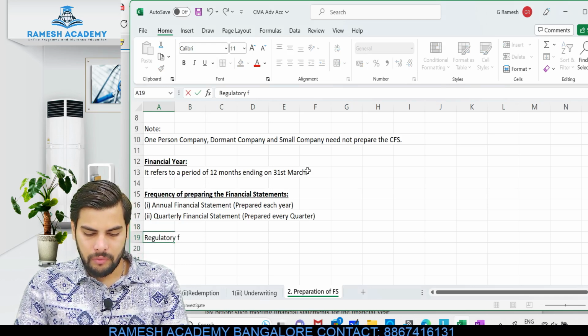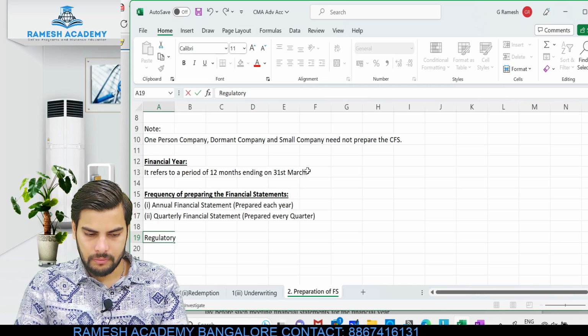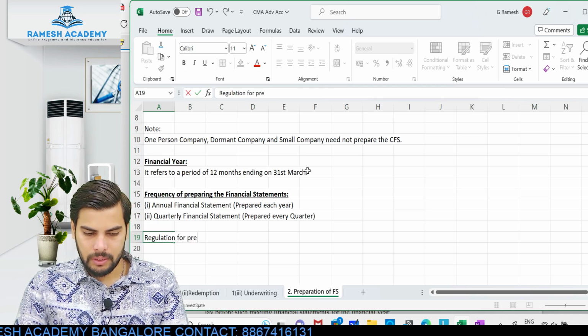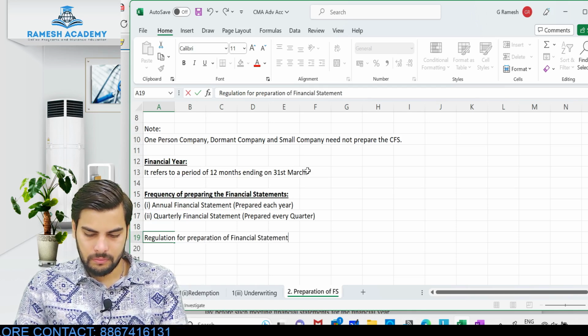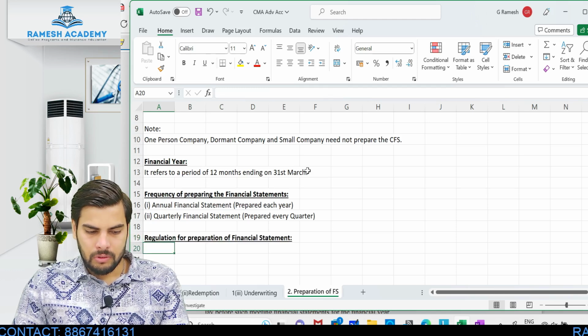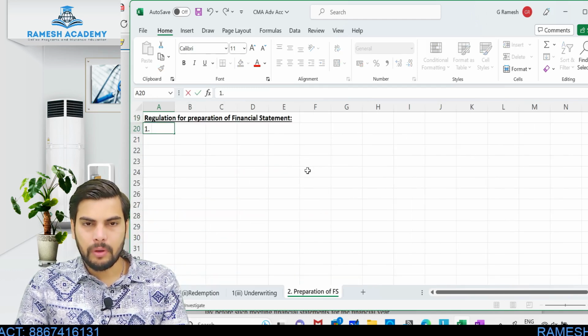Okay, so regulatory regulations for preparation of financial statement. So what all should we comply with while preparing the financial statement?